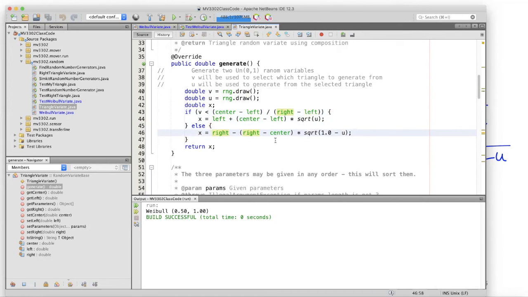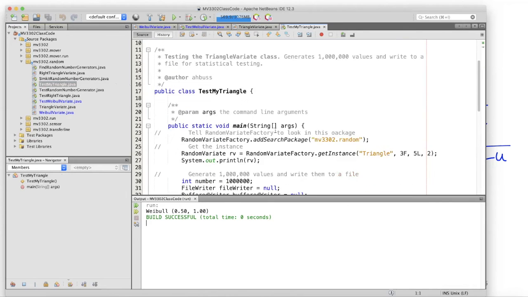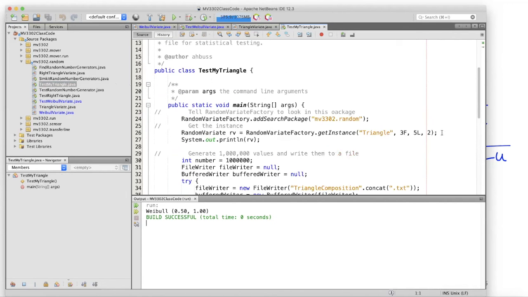Okay, so now it's not at all obvious what this is going to look like, which is why it's important to test it out. And I'll test my triangle.